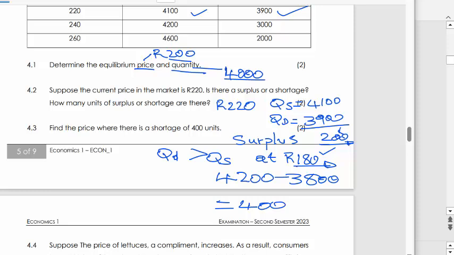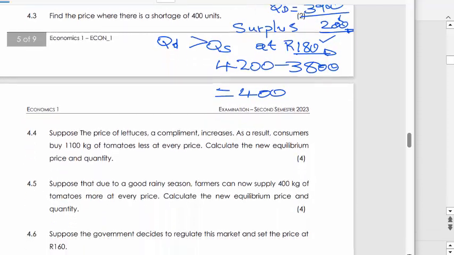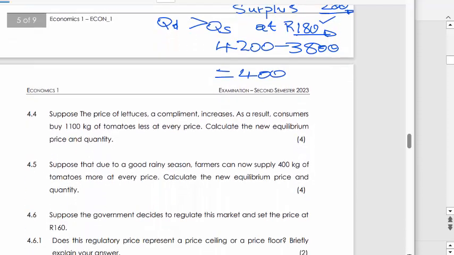Now let's move on to the next question, which is 4.4, right? I'll just roll down. Suppose the price of lettuce, a complement, increases. As a result, consumers buy 1,100 kg of tomatoes less at every price.